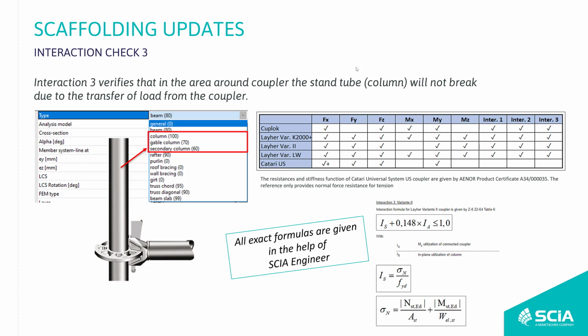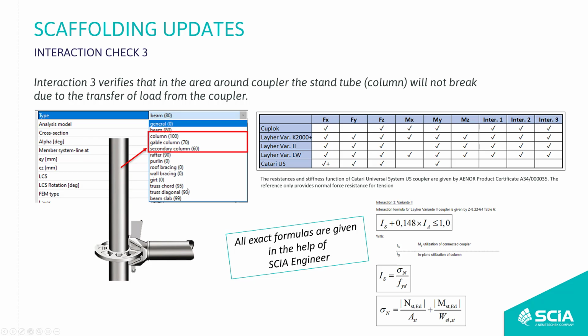What we also did, thanks to some remarks and recommendations, we developed the support for the interaction check 3, which is the check of this particular bar here, in the case of the connection of this tube to this tube.